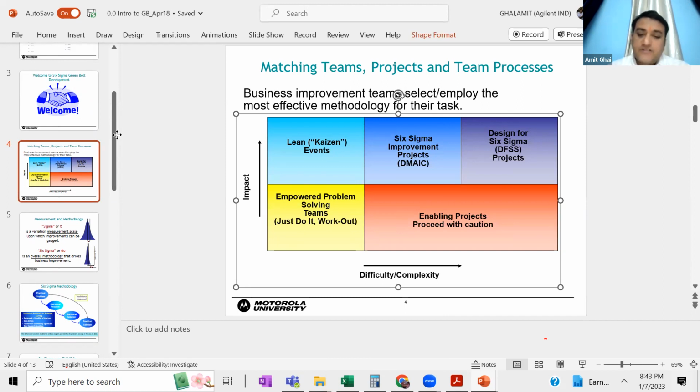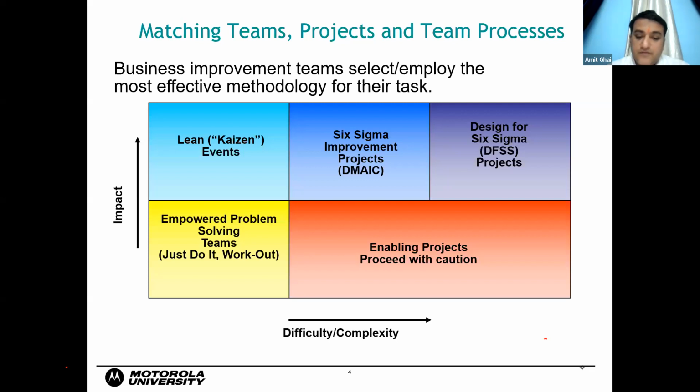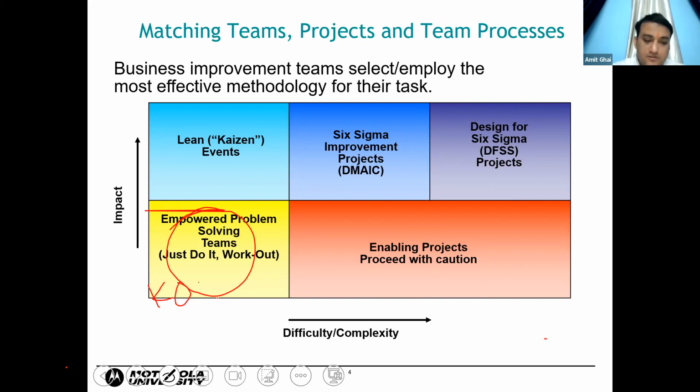To select the right methodology, whether it is Six Sigma, lean, or a just-do-it project, we measure it on the scale of difficulty and complexity versus the impact. If the solutions are known and you can go ahead and implement them, it is called low hanging fruit, just-do-it Kaizen ideas. You really don't need to follow any methodology for them.